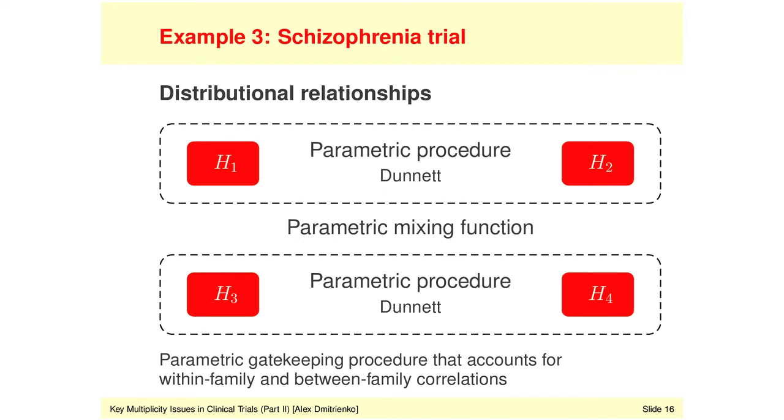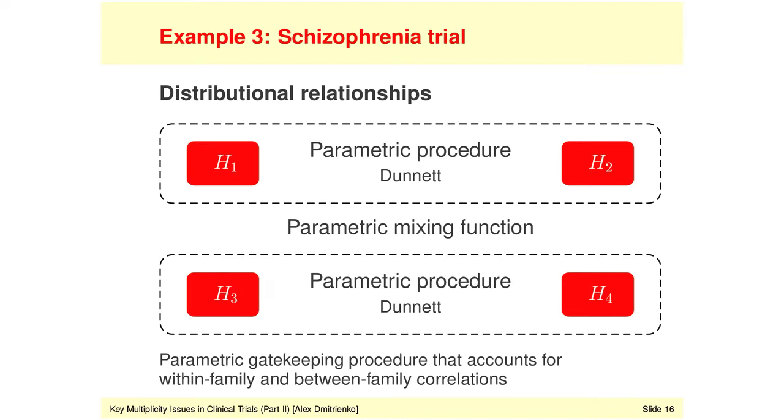The resulting parametric gatekeeping procedure will account for the within-family and between-family correlations, and this procedure will result in the most efficient multiplicity adjustment in this clinical trial example.